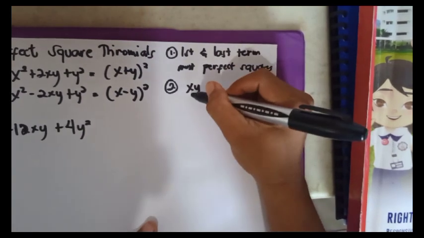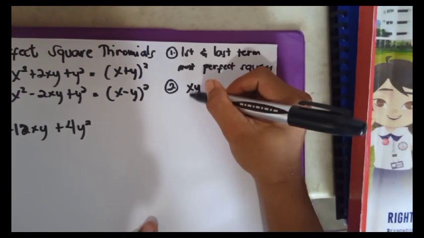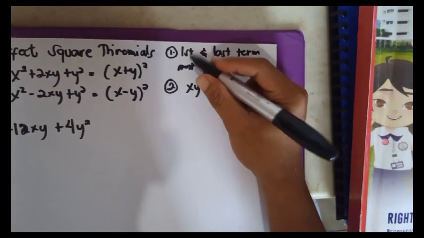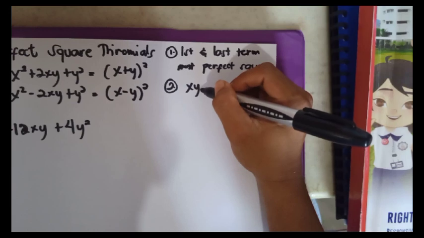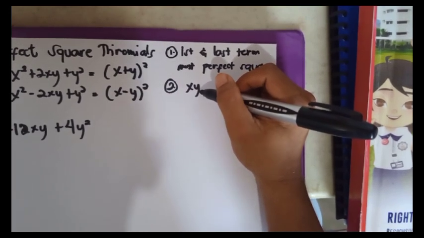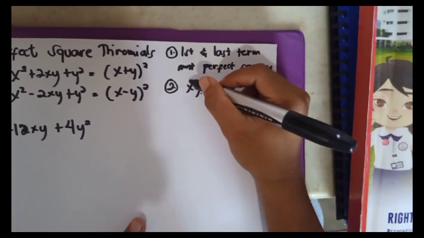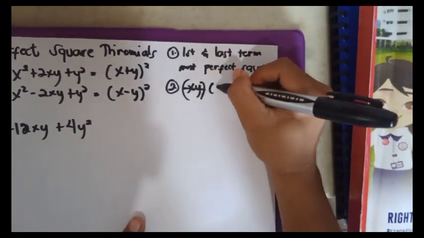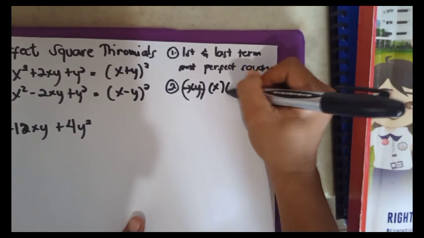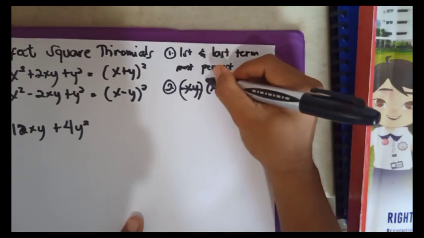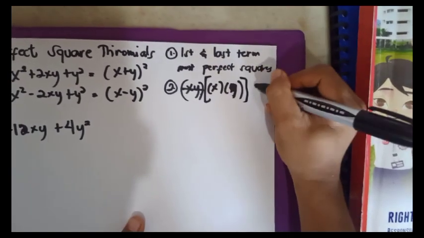right? Suppose this is x, the positive square root of the first term, x, and the positive square root of the last term, y. So we need to multiply them both, right? Multiply them both, x and y, okay? Then multiply them by 2.